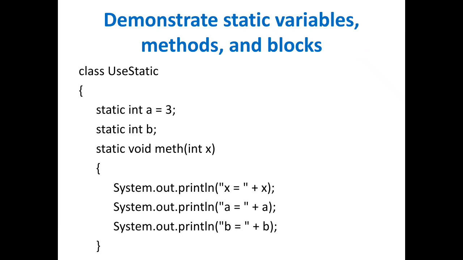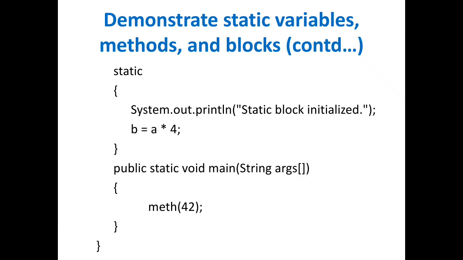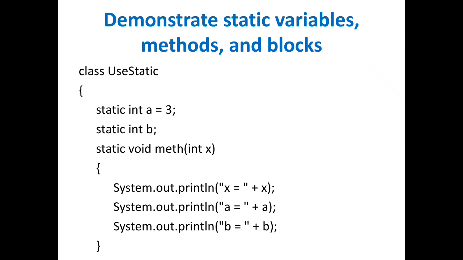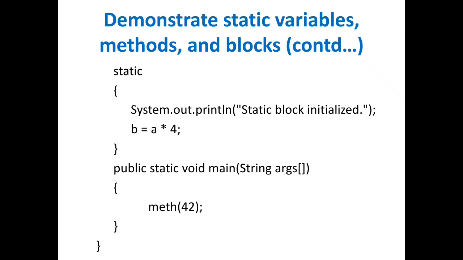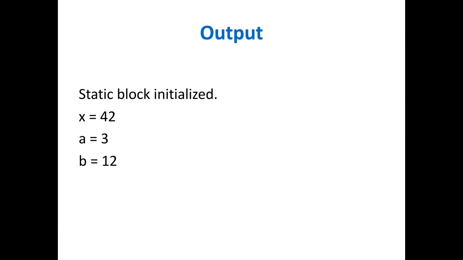So x equal to 42 will be printed. Then a value is already 3, so a equal to 3 will be printed. Then b value is a into 4, so 3 into 4 is 12, and 12 will be printed. So this is the final output. Static block initialized, that line is printed. Then x equal to 42, a equal to 3 and b equal to 12.